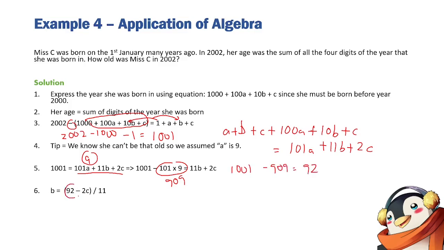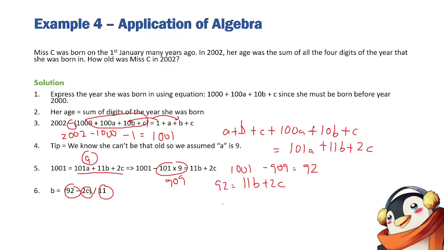Okay, so you have 92 here. So basically how you get this step is you have 92 equals 11B plus 2C.